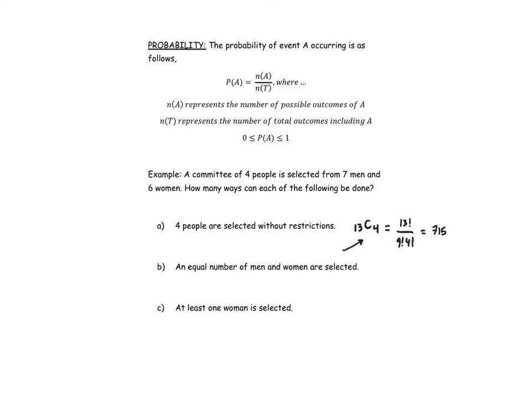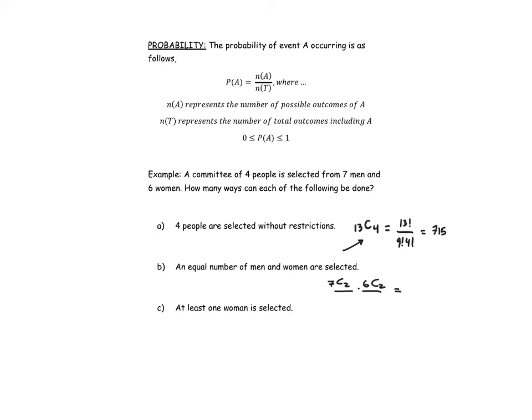Our smoothie example, if you will. In this case, we're going to be choosing 2 males, and the number of ways to choose 2 males, followed by the number of ways to choose 2 females, would be 7 choose 2 times 6 choose 2.